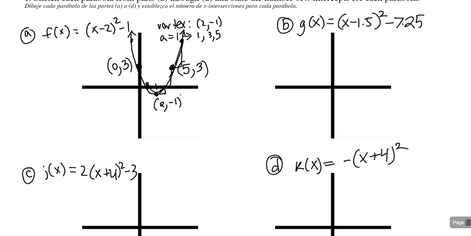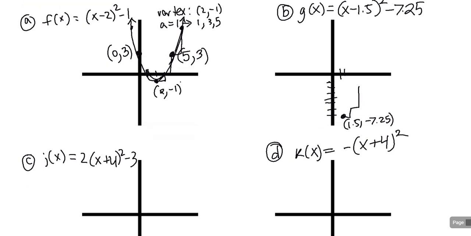Okay, next problem. I have x minus 1.5, so I go over 1 and about half more. And y is -7.25, so I'll go down 7. 1, 2, 3, 4, 5, 6, 7, and a little bit more. There we go. 1.5, -7.25. And then my step pattern is over 1, up 1. And then over 1, up 3. Let's just write everything out.